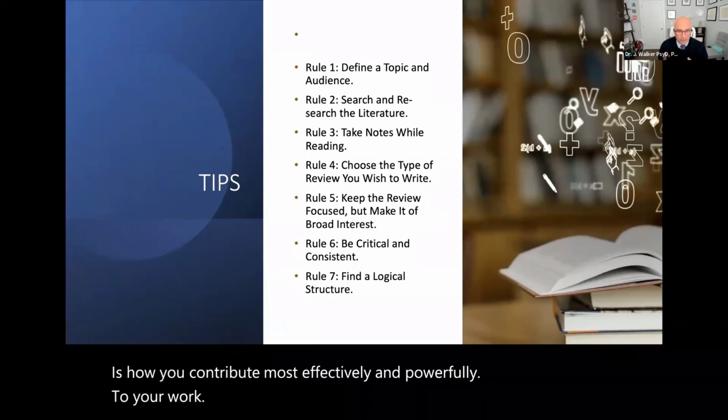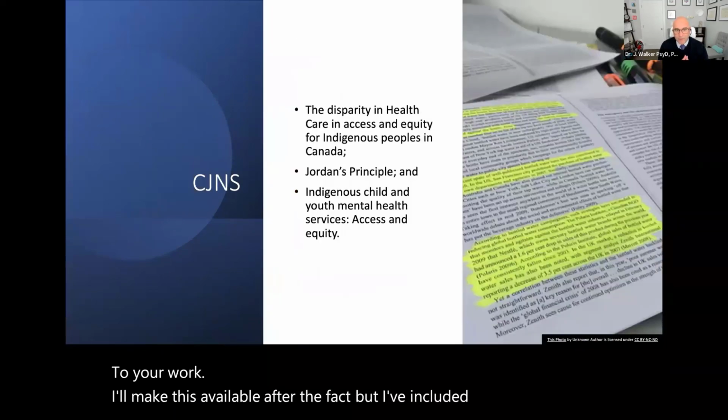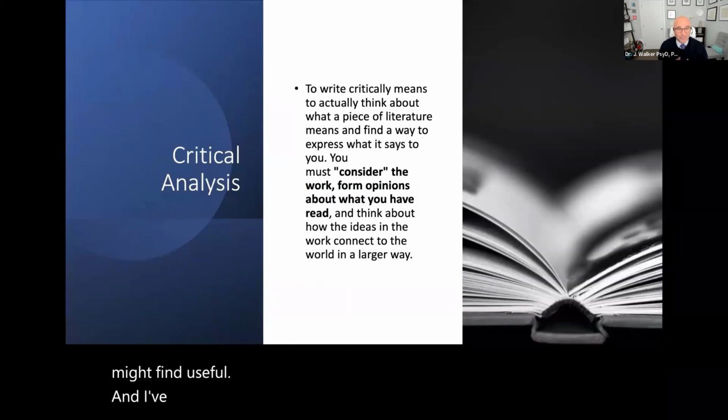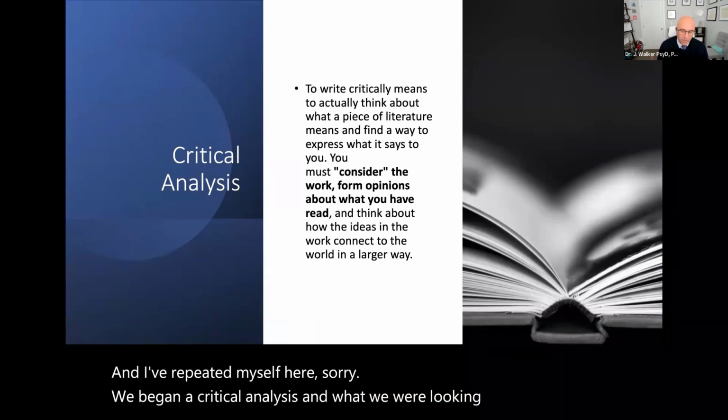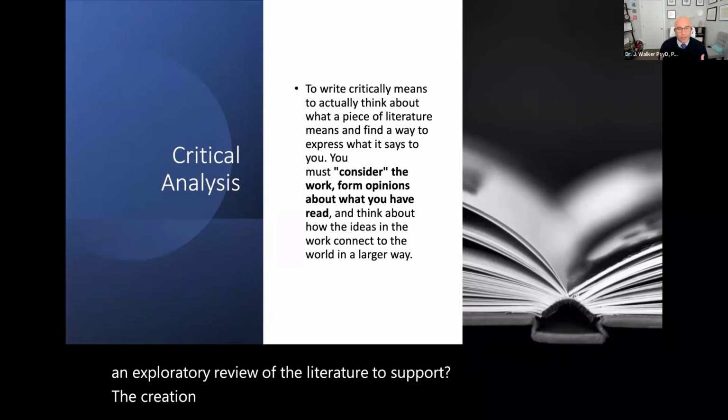I'll make this available after the fact, but I've included some steps that you might find useful. We began a critical analysis, and what we were looking at was, could we do an exploratory review of the literature to support the creation of something bigger?